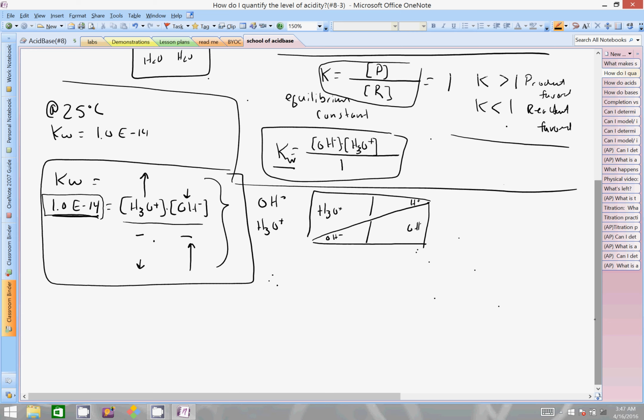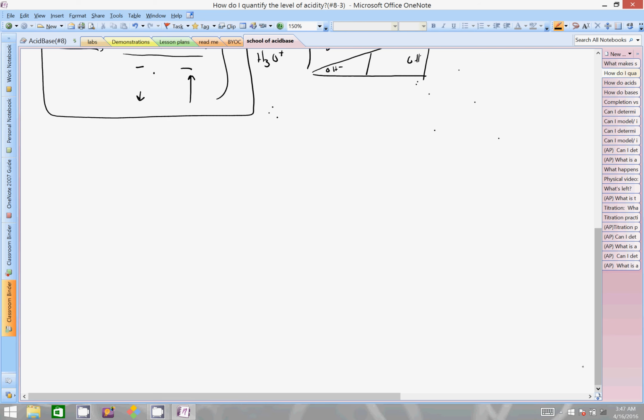So let's look at our main idea here. Am I acidic or am I basic, and how do I quantify that? Well, first of all, you have this 1.0 e to the negative 14th. What would it be if they were equal? Now this is at 25 degrees Celsius, so what if we had equal amounts of both of them? What number, when multiplied by itself, equals that?